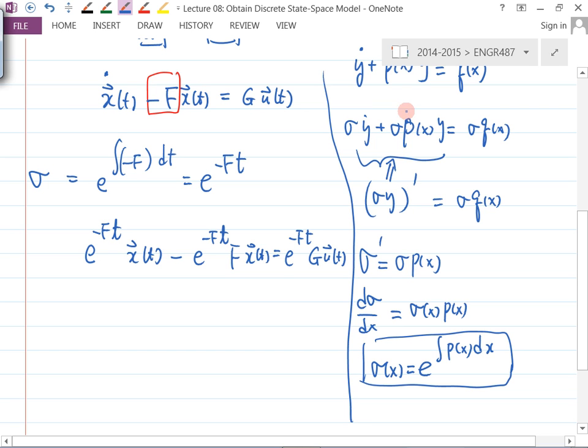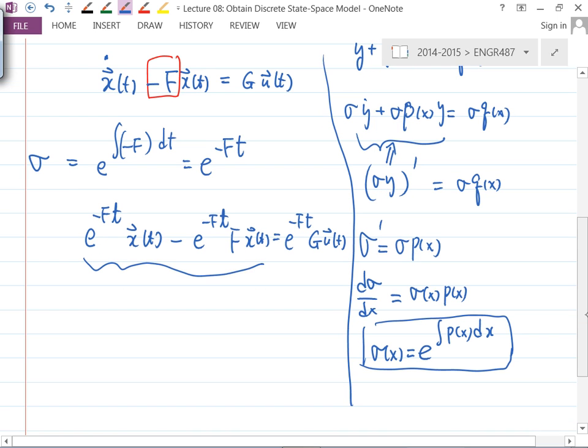Because then I can rewrite the whole left side into this format here, into a derivative. The independent variable is t, so d over dt of e to the power negative ft, that's sigma, times the y here, which is x of t. And the other side, we'll just keep it as it is.